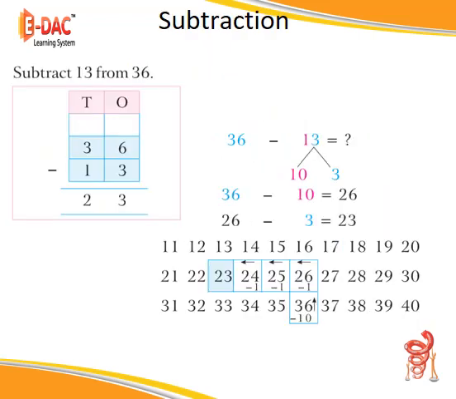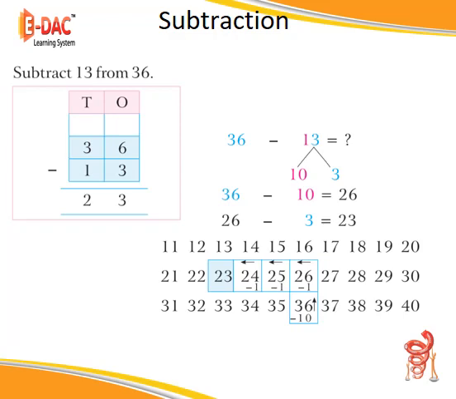Subtraction. Students, here for example we want to subtract 13 from 36, so always the larger number is written above the smaller number while subtracting. So we have 36 as larger number, we will write 36, and below 36 we will write 13.